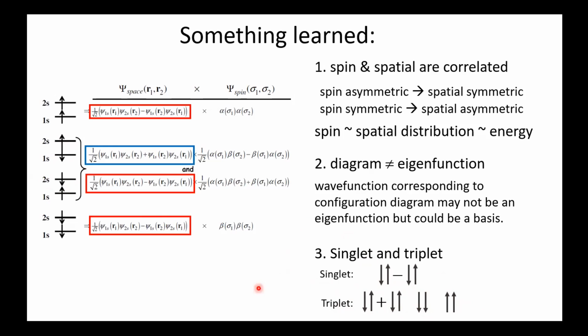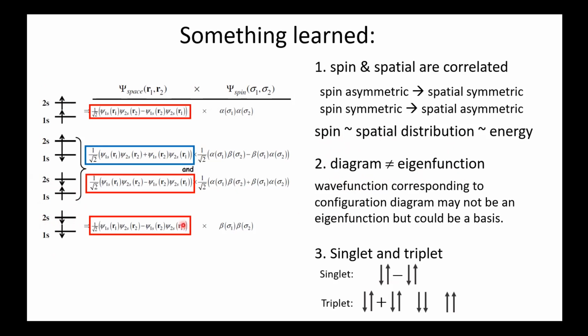Okay, so maybe before getting you too confused, I just want to re-emphasize the important points. The first thing, I think we probably all appreciate now, is the correlation between spin and the spatial part, and also the energy. The second part is that in quantum chemistry in the real case, sometimes the one-electron diagram we have been using all the time does not strictly apply, right?